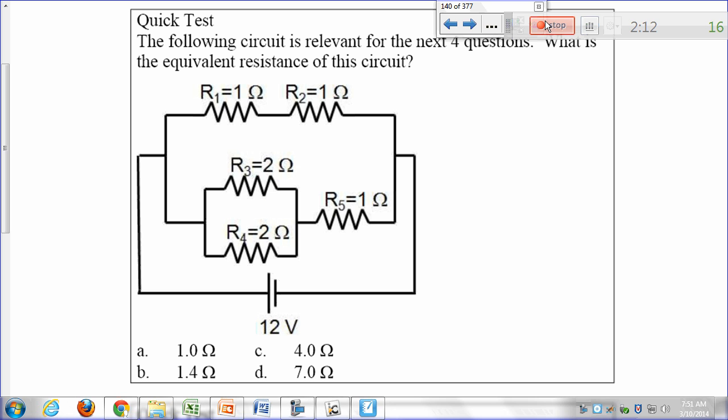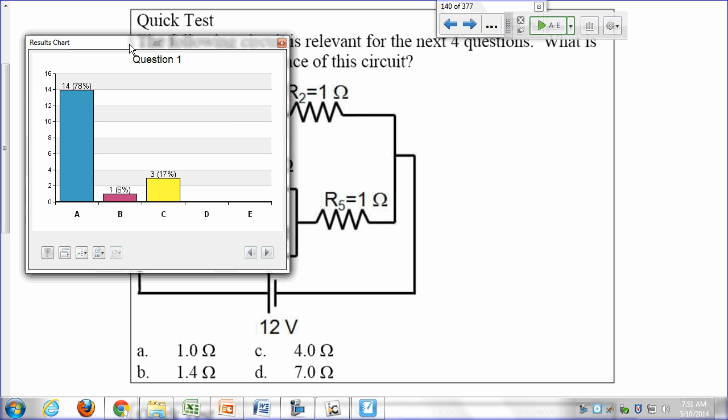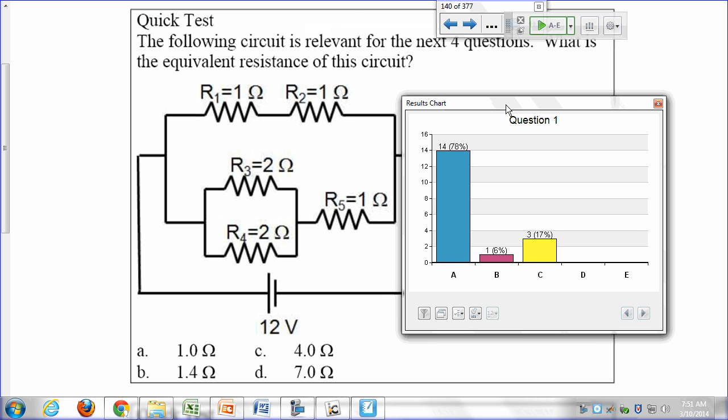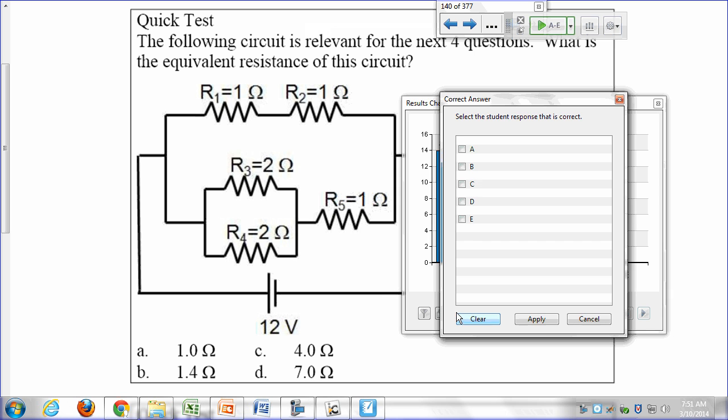About 10 more seconds. 2:25. I'll stop. Somebody always waits till the very end. Click end. All right, 1. I think that's right. Let's see. Yeah, that is correct.